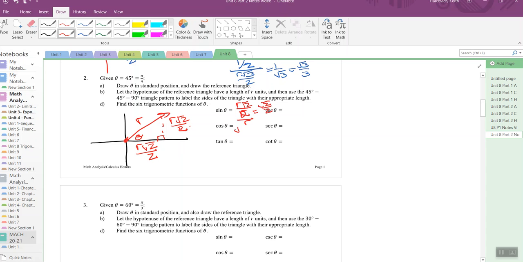Same thing for the cosine. The tangent, notice you're going to have r rad 2 over 2 divided by r rad 2 over 2, so you're going to just get 1. The reciprocal here of rad 2 over 2 is just rad 2, because remember, really that was 1 over rad 2. Same for the secant. And then the reciprocal of 1 is still 1. So that's the 45 degree.